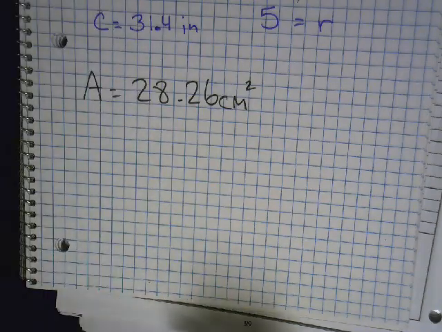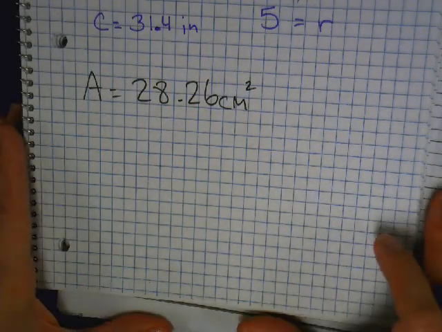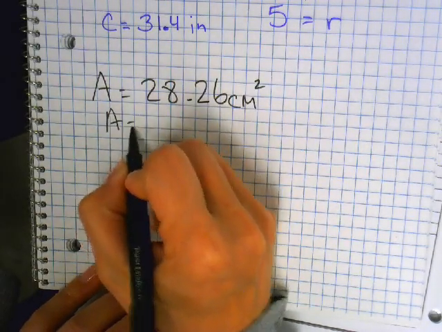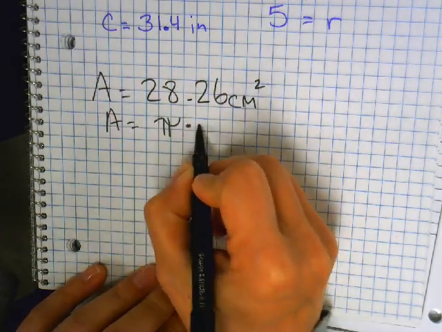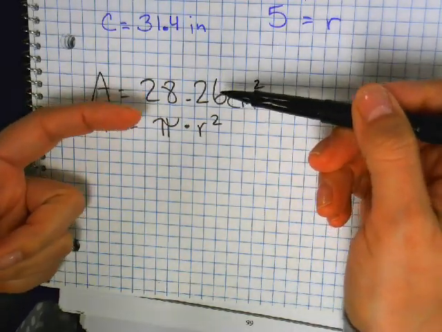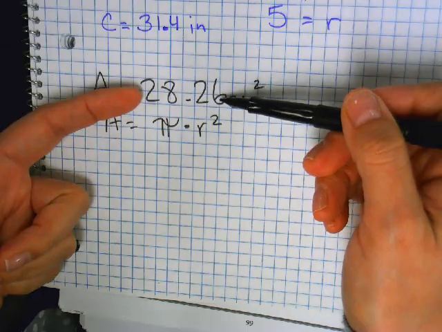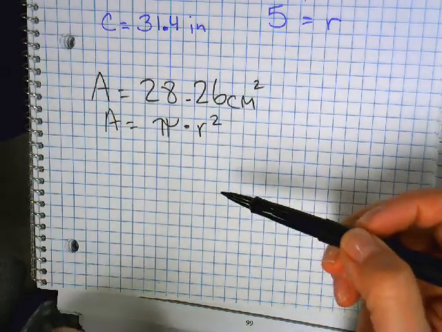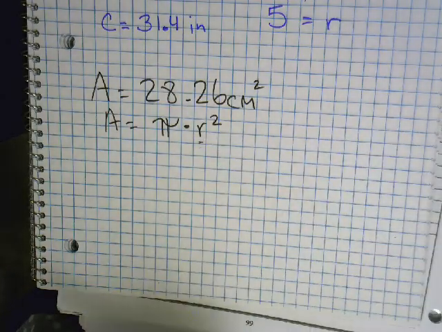Okay. So, what do you know about the area of a circle? Area of a circle is equal to pi times radius squared, right? So this answer is what we got when we multiply 3.14 times r squared. Right now, I do not know what r squared is.